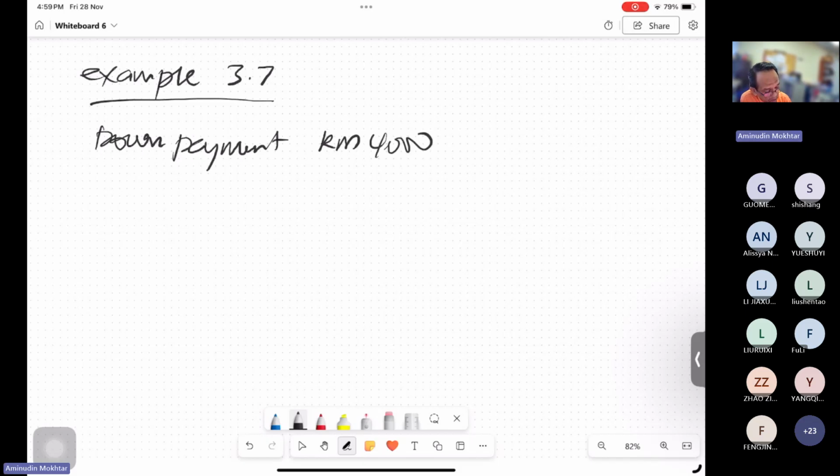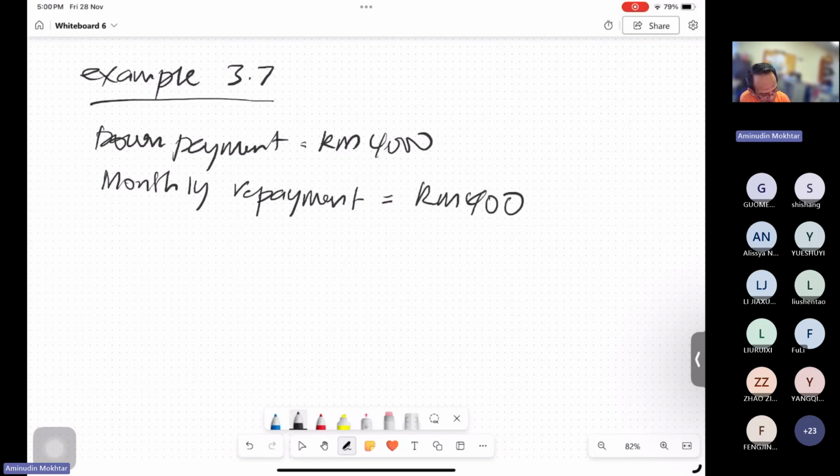And then the monthly repayment for the loan is equal to RM 400. And then the loan period, the loan term: Ali needs to pay back to the bank 400 per month for 36 months. So N equals 36. 36 months is almost 3 years, right? 3 years, or N equals 36 months.